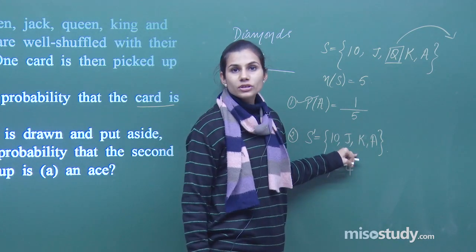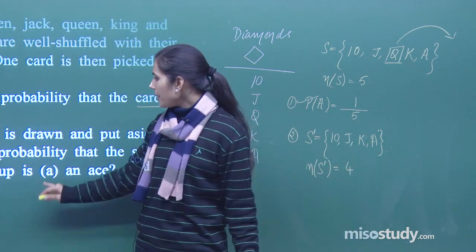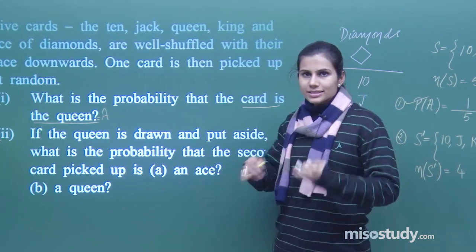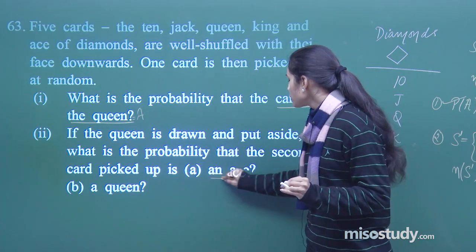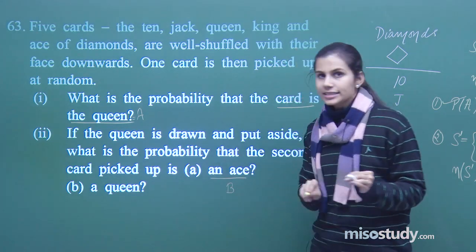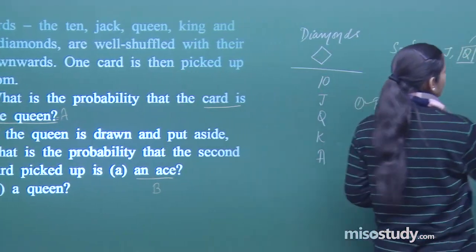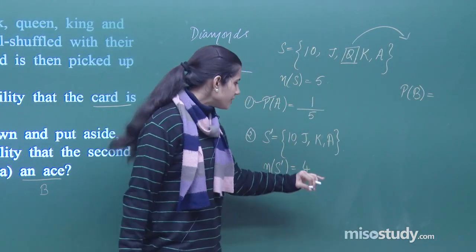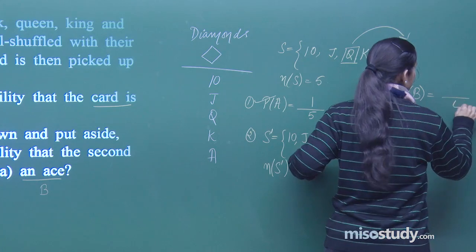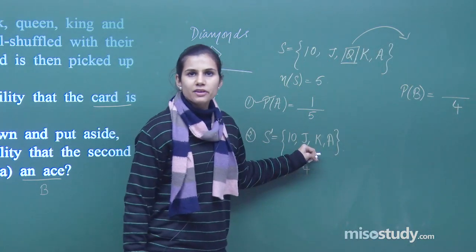Now I have to answer my question corresponding to this. Tell me the probability, once the queen has been kept aside, that you get an ace card. Getting an ace card, let me define as event B. What is the probability of occurrence of event B? Out of in total 4 possible outcomes, how many are favoring my event B?